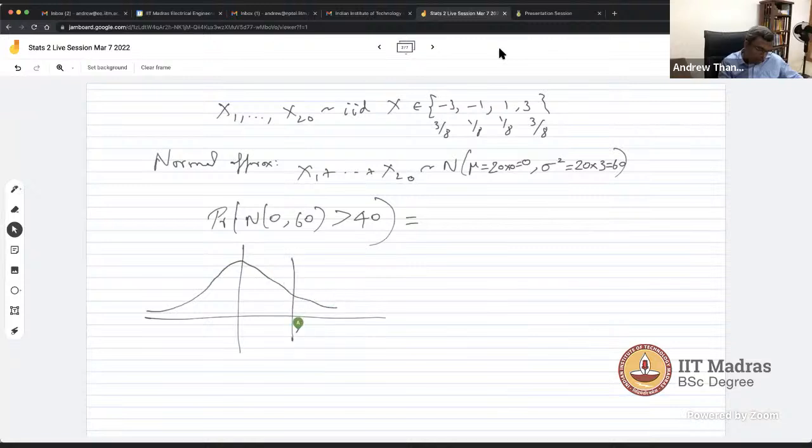There's 40 here, and I'm asking for this area, right? So the right tail area. So it's going to be 1 minus FC of (40 minus 0) by square root 60. Is that okay?